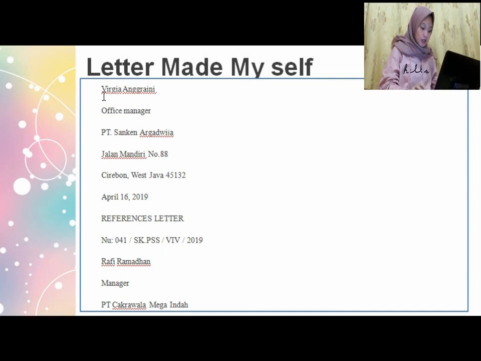Okay. The salutation of this letter uses American style.